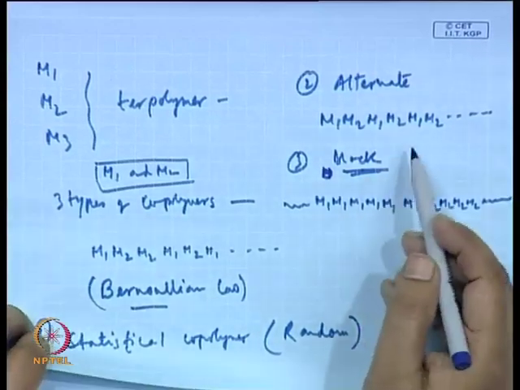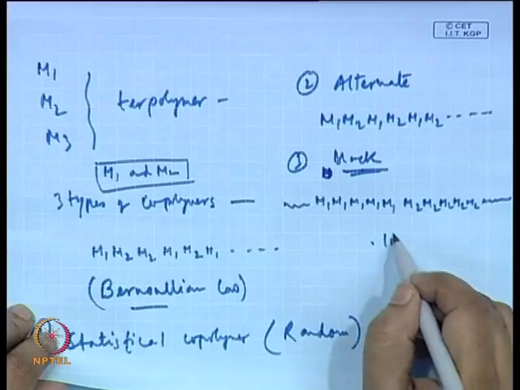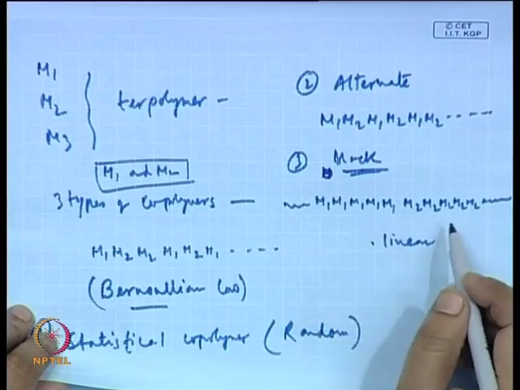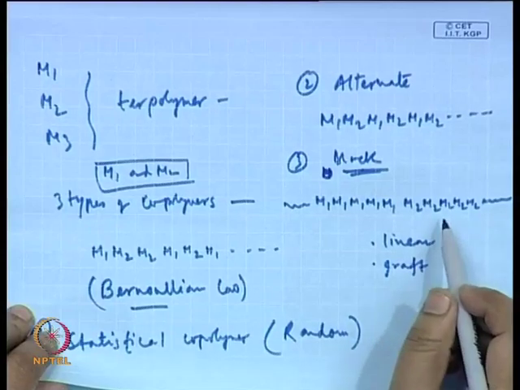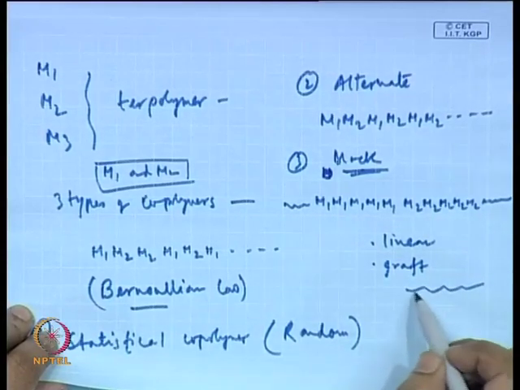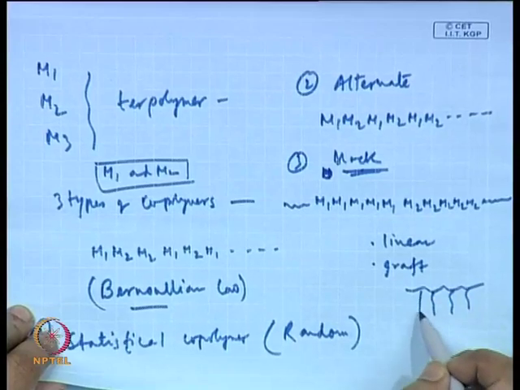Now, block copolymers also could be different types like linear, the type we just showed, or it could be graft block copolymer, where you basically have one chain A all from M1 with side chains of M2.